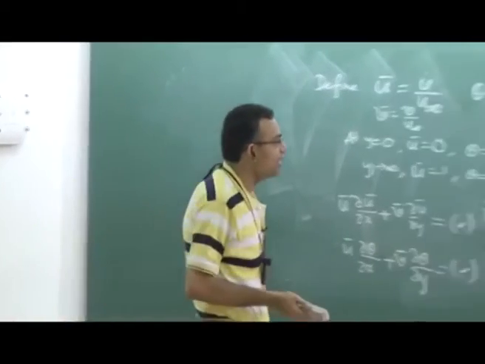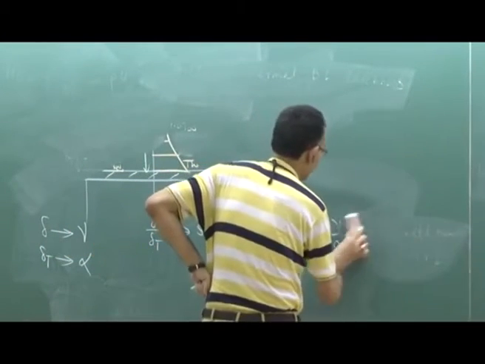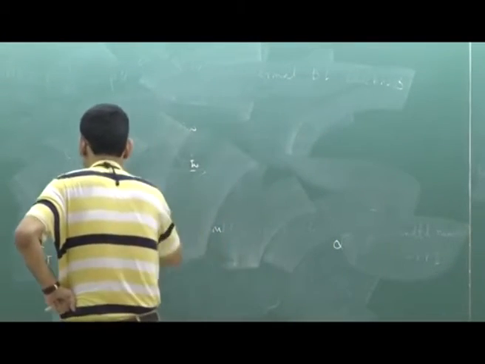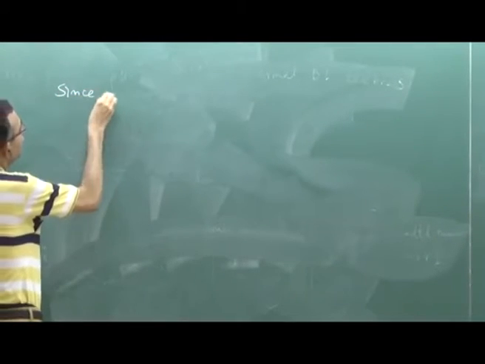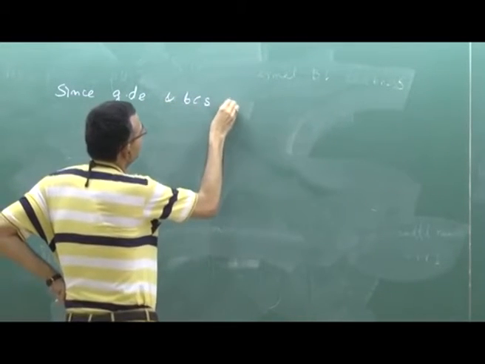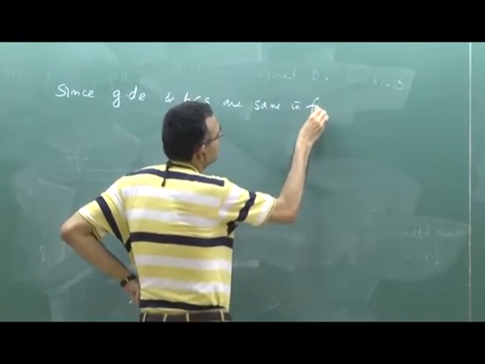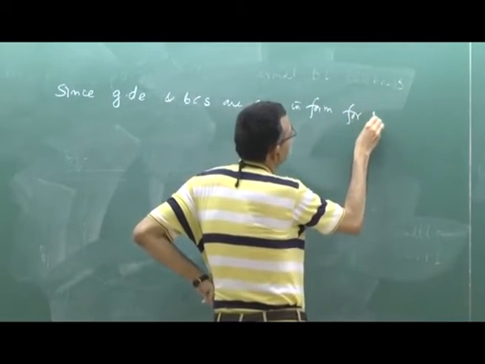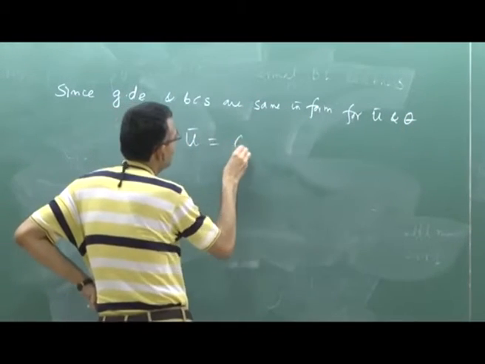So we can say that since the governing differential equation and boundary conditions are the same in form for u bar and theta, we can conclude that u bar is equal to theta.